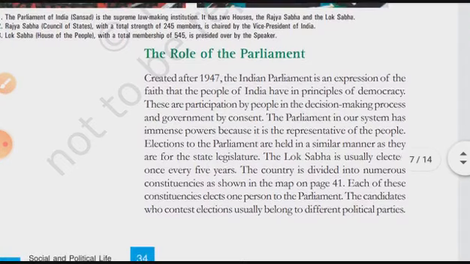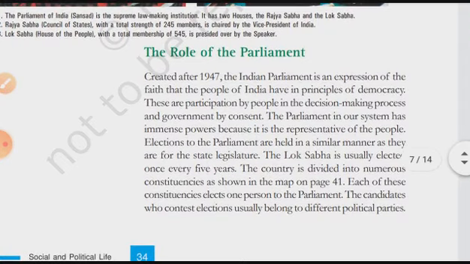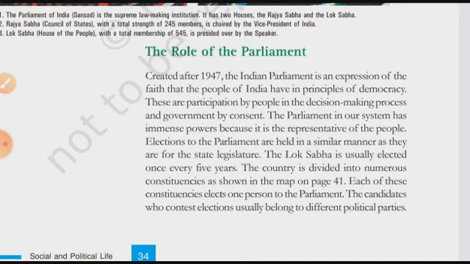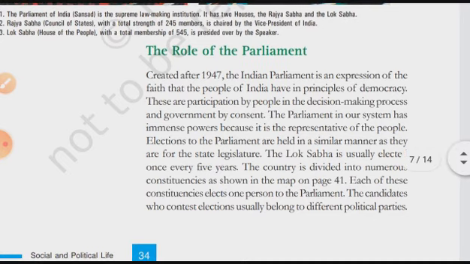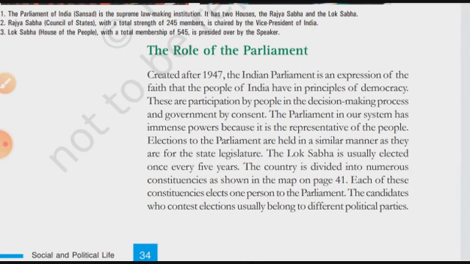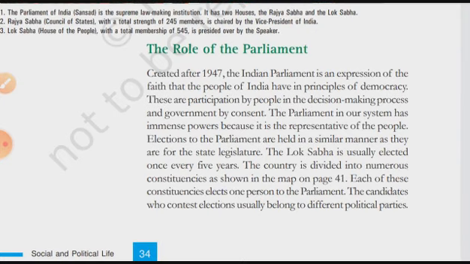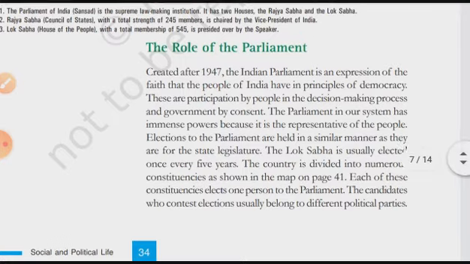Created after 1947, the Indian Parliament is an expression of the faith that the people of India have in the principles of democracy. As we got independence in the same year, this Parliament was also formed, and it is an expression of the belief of the people of India in the principles of democracy.